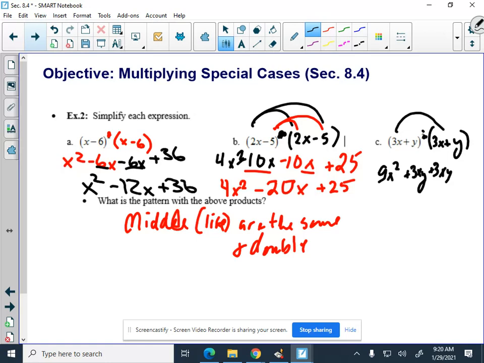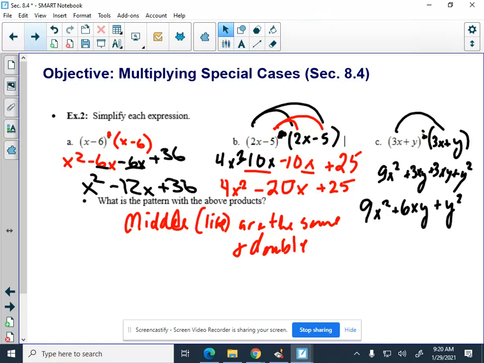X comes before y. Plus y squared. 9x squared plus 6xy plus y squared. I think that's it. Is it?